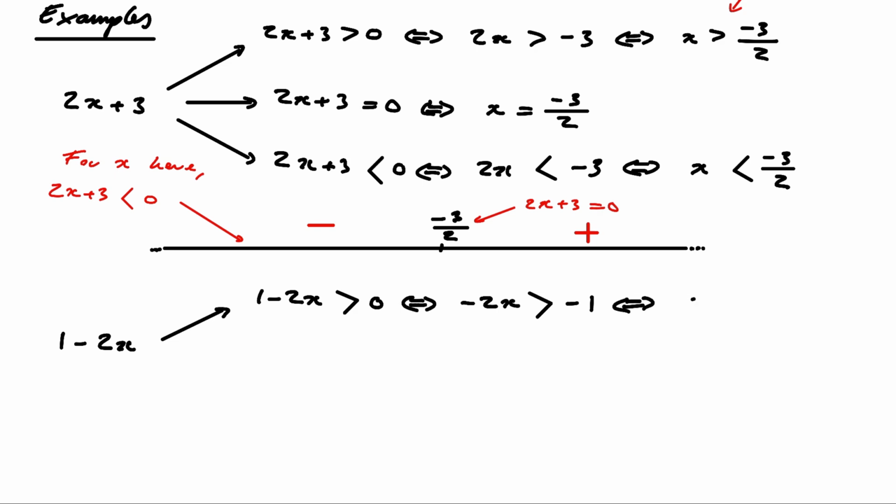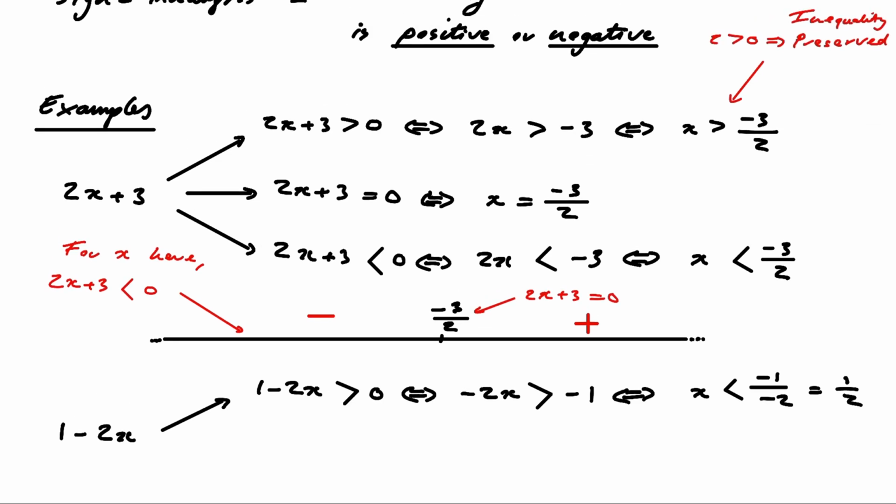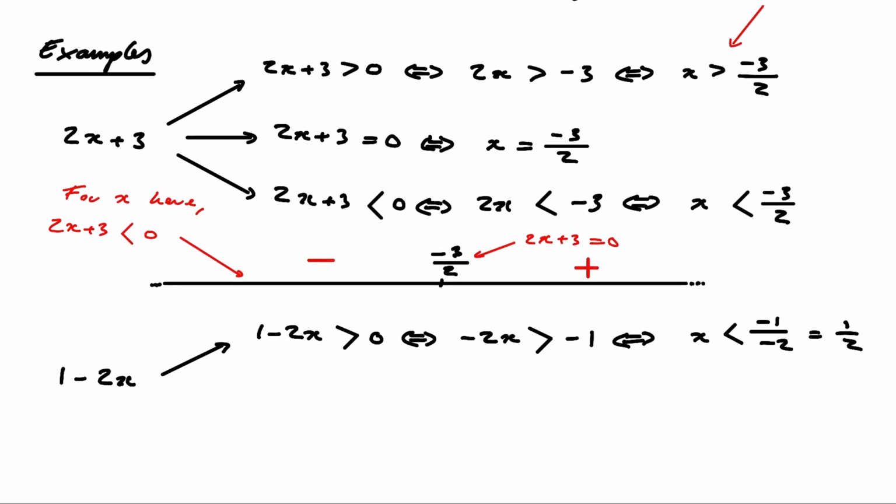So this is if and only if x is strictly less than minus 1 divided by minus 2, which is equal to a half. Very important: above, this 2 is positive, but now below it's a minus 2 I'm dealing with. Minus 2 is negative, which implies the inequality is reversed.